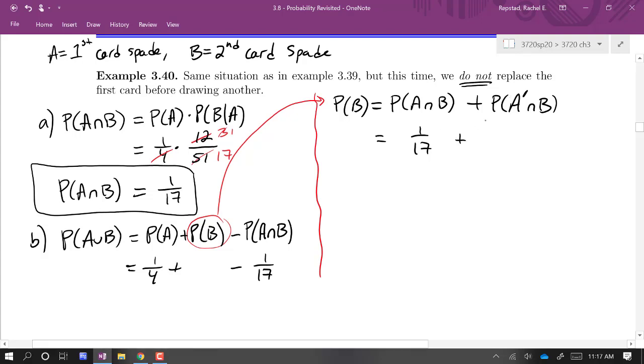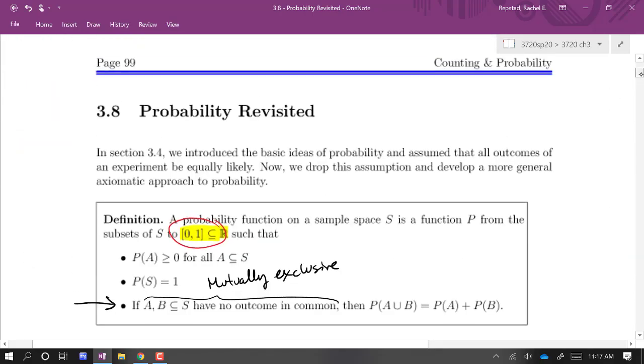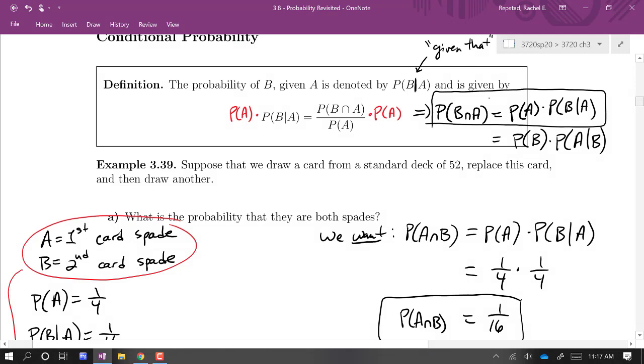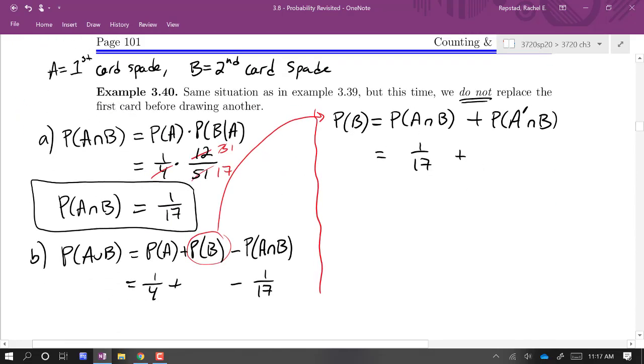The second one, I'm going to use the same equation from which we derived this equation up here at the top, but this time using the events A complement and B. This will be the probability of A complement times the probability of B given A complement. The probability of A complement, the probability that I don't get a spade on the first card I draw, is 3 out of 4, right?